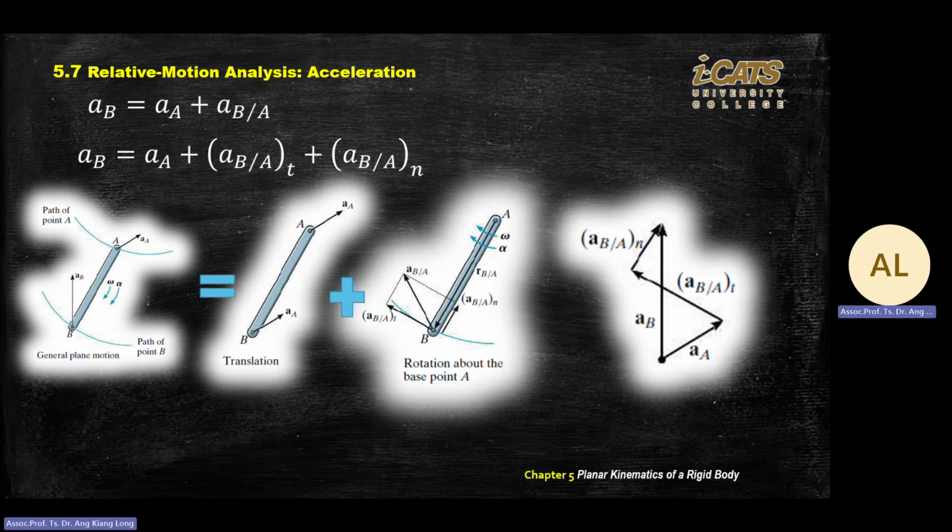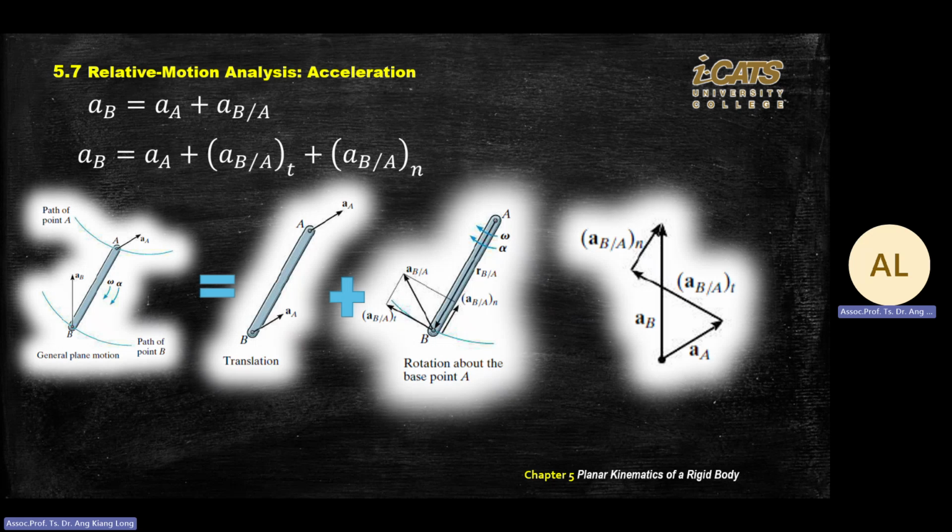So how do we extract these two diagrams, translation and rotation, into one vector diagram? You should know where the acceleration of A is. You extract the acceleration of A from the translation diagram. Translation always goes parallel, so it's only one direction, linearly. If you're having translation, the acceleration direction is the same.